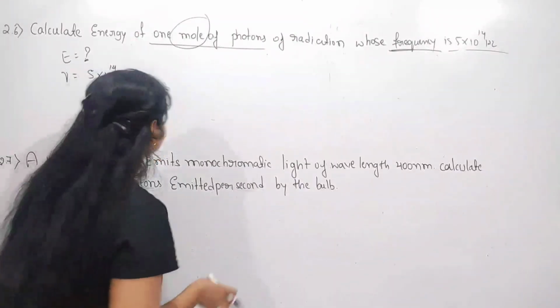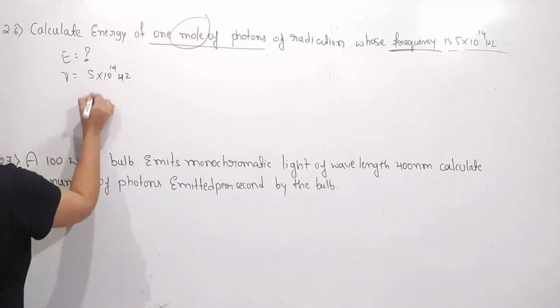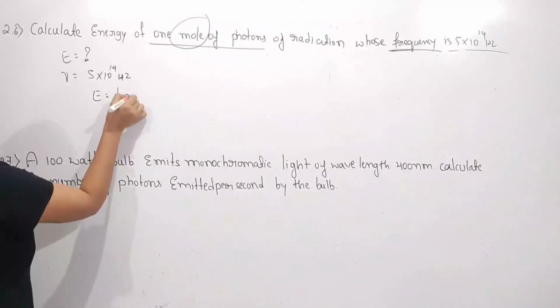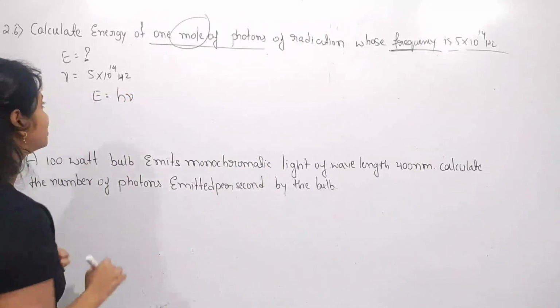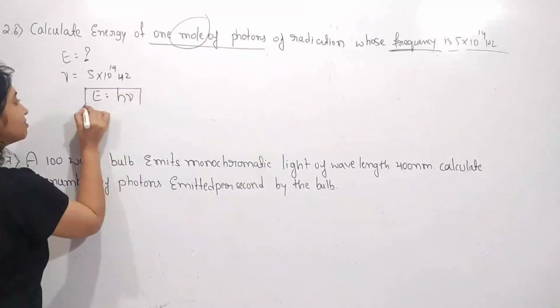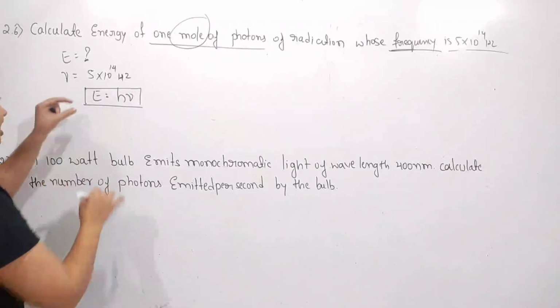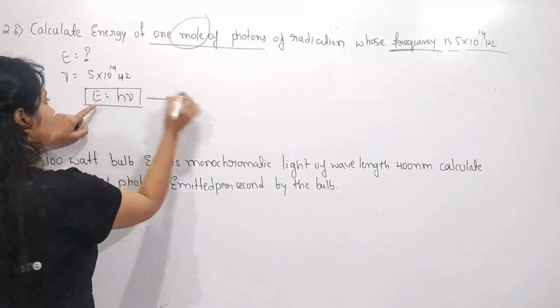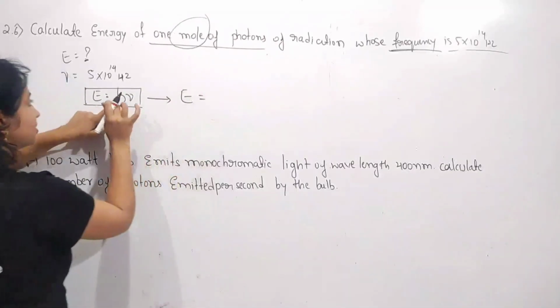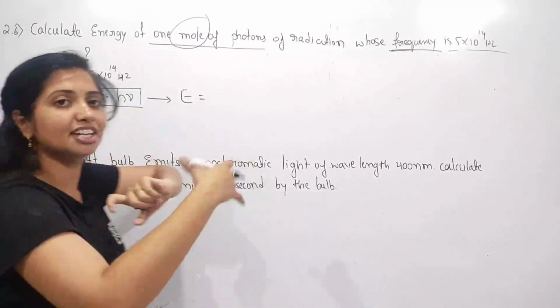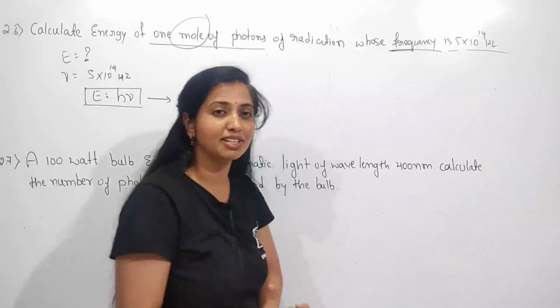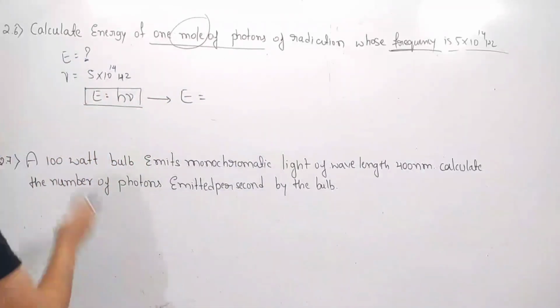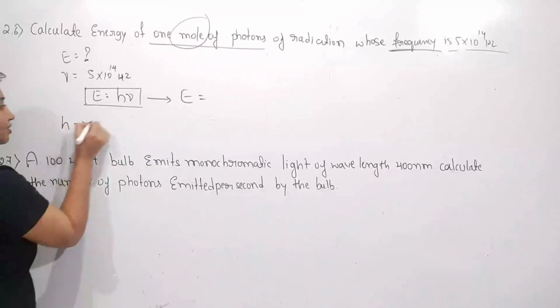Already you know the equation E = hμ. This is a very famous equation for us. Now we have to calculate the energy. Here h means the Planck's constant, which I told you in a previous class.